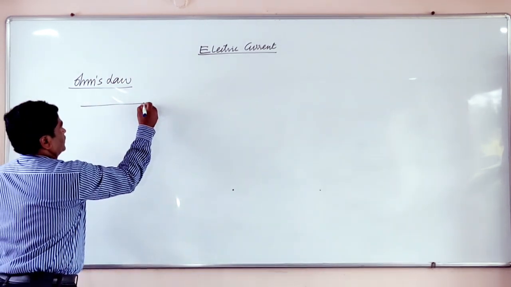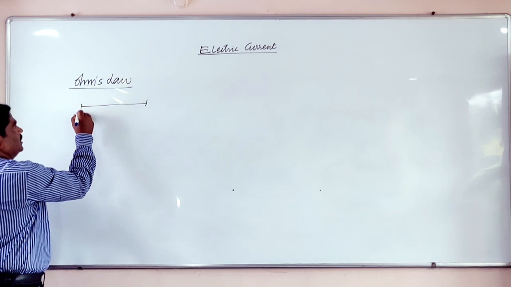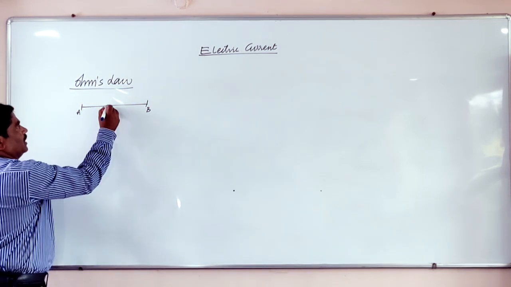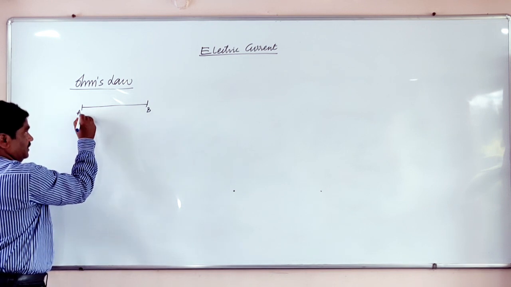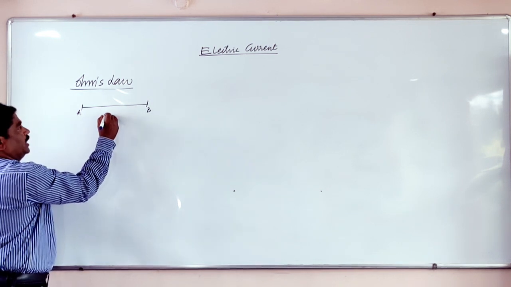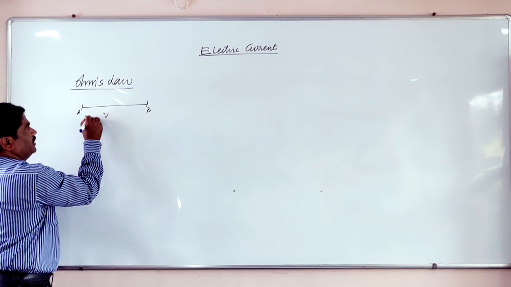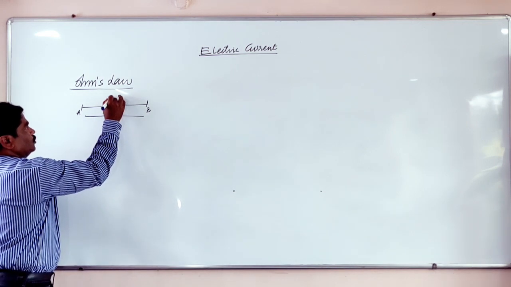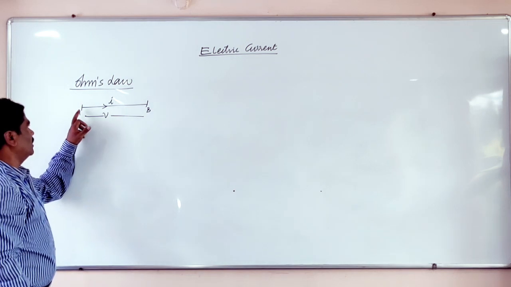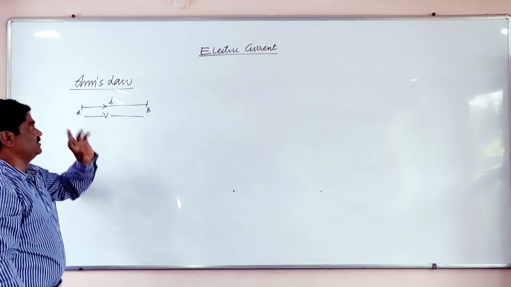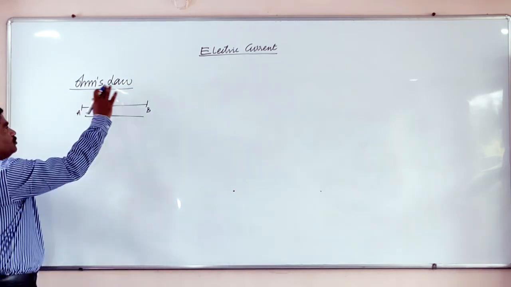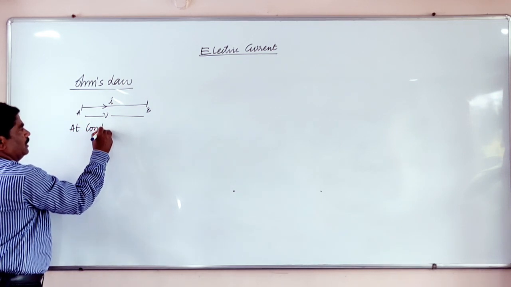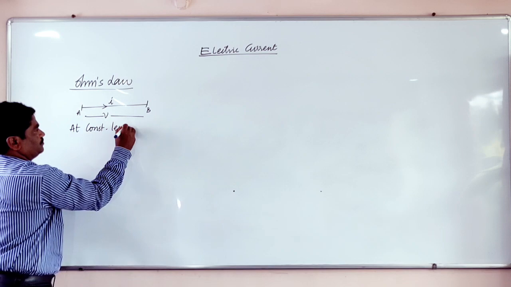It says that whenever an electric current flows between two points A and B, and A and B differ by a potential difference V, and the electric current flowing through this conductor from A to B is I, then Ohm's law can be defined at constant temperature.